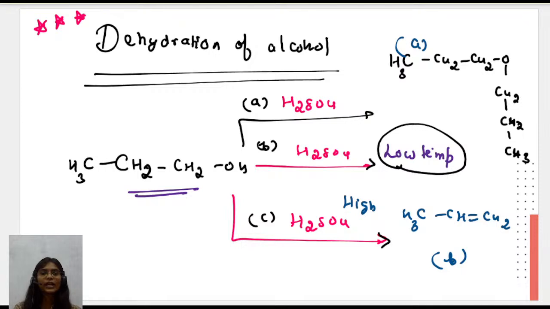So yes, at the low temperature we're getting ether, and at a high temperature we're getting a double bond. But I want to simply ask you, what is A? Options are: is it a substitution reaction or is it an elimination reaction? You know, why I'm mentioning the temperature, it's a really important part here.